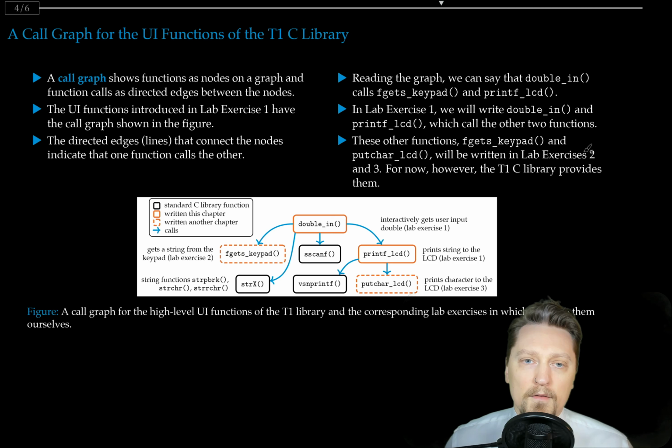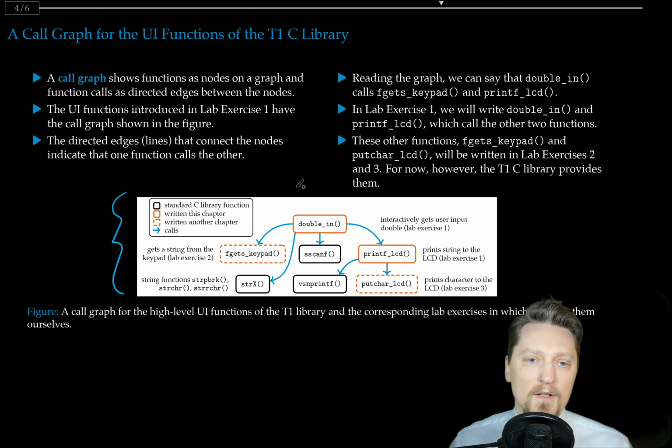A call graph for the UI functions of the T1C library. A call graph shows functions as nodes in a graph and function calls as directed edges between the nodes. The UI functions introduced in lab exercise 1 have the call graph shown in this figure.